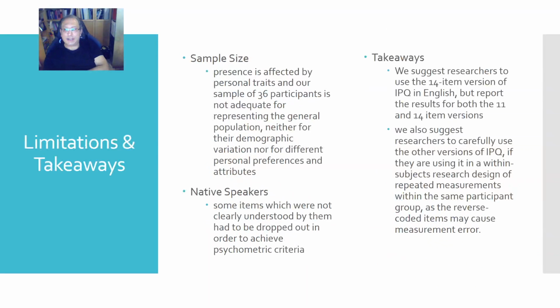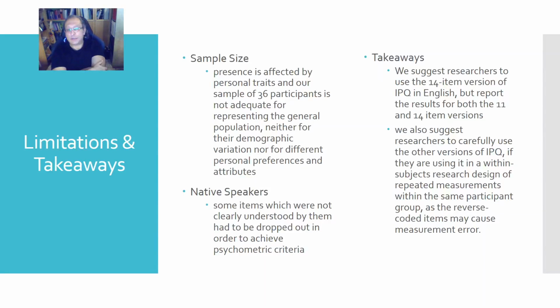Our study could be criticized for its sample size, that we have only 36 participants, and it's not adequate for representing the general population. Since presence is a subjective phenomenon, we also agree that more studies are required with more participants. This is why we are publishing the results of our data set openly at the end of this study.